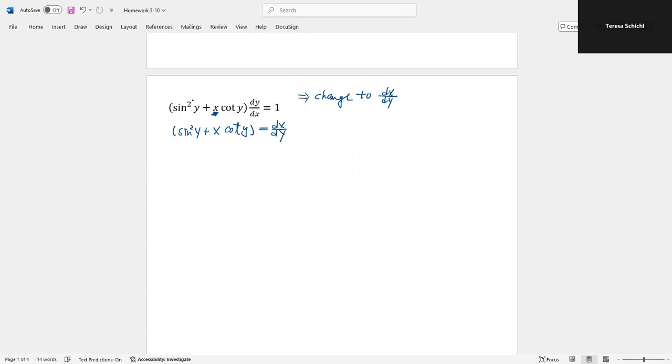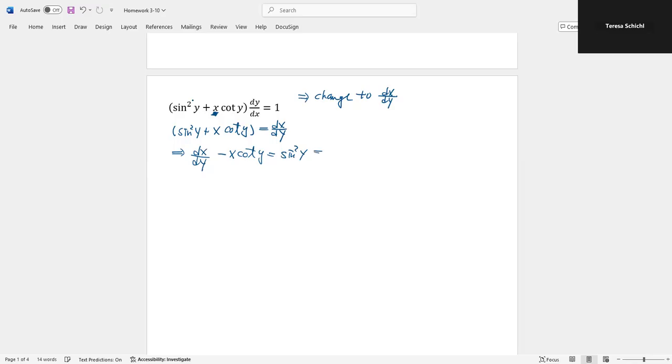So I just multiply both sides by dx/dy. After I do that, I can rewrite this as dx/dy minus x cotangent y equal to sine squared y. So it's very good. It becomes a linear form.